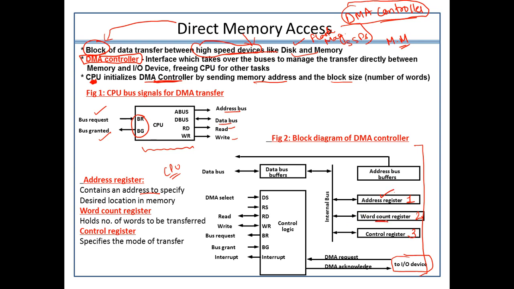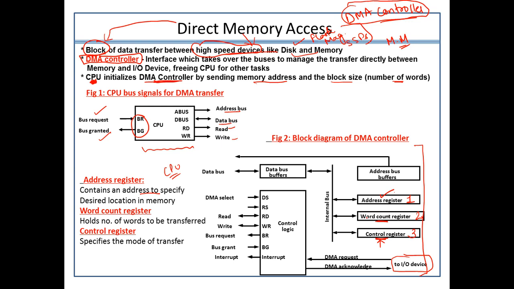The word count register will hold the information about how many words the DMA has to access from the memory. Similarly, the control register depicts to the DMA how it can access the main memory, the methodology and the way through which the DMA will have access to the main memory.